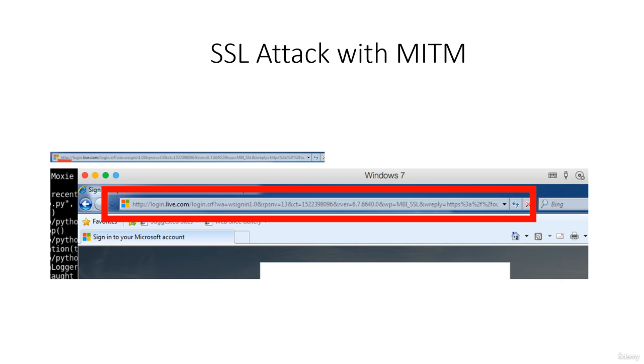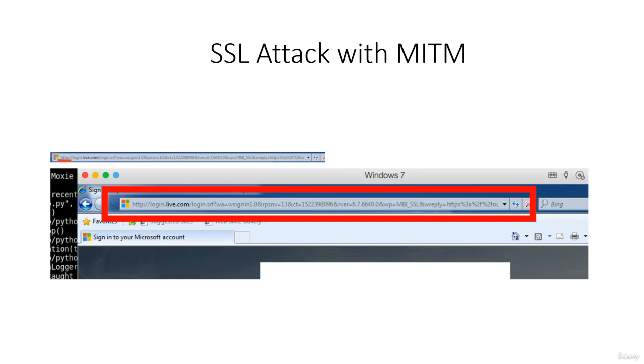Now let me give you a brief overview of man-in-the-middle on the internet. A man-in-the-middle attack can be based on the Address Resolution Protocol, ARP, on the network. The ARP table holds the IP-MAC matching of all the connected devices in the network.